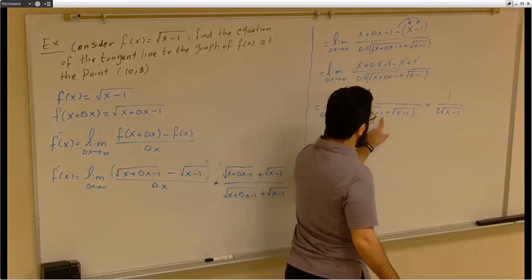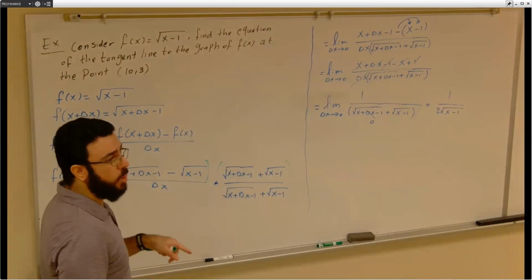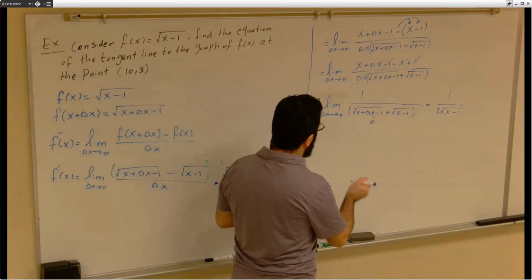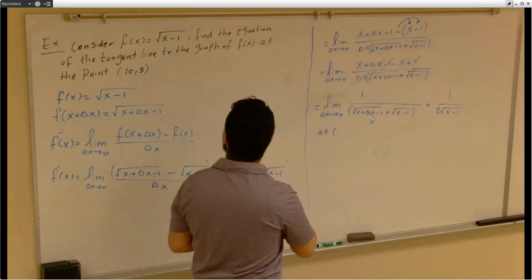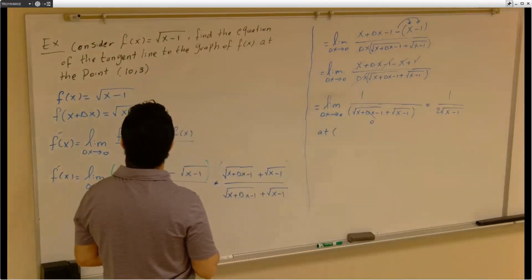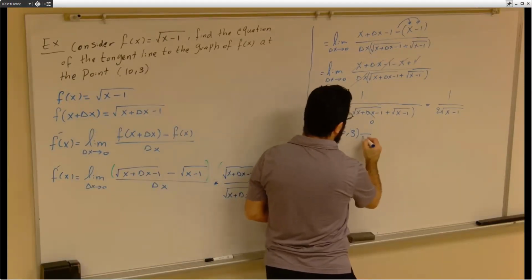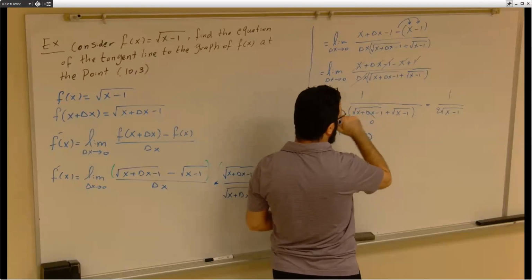So this is the slope. Now we need to find the slope at the point 10, 3. At this point, this is the slope for the tangent line.